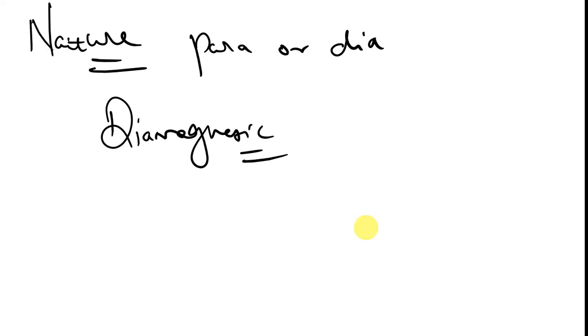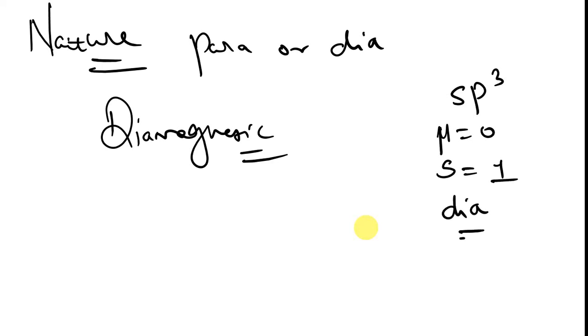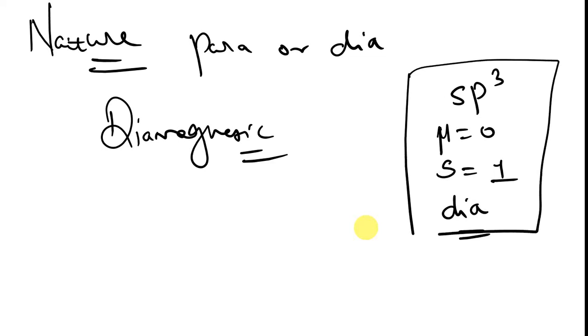Finally, we can say the hybridization is sp3, the magnetic moment mu is equal to 0, the spin multiplicity is 1, and it is diamagnetic. These are the conclusions we are getting from VBT.